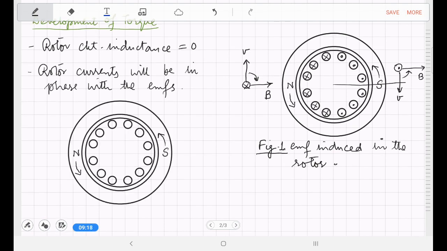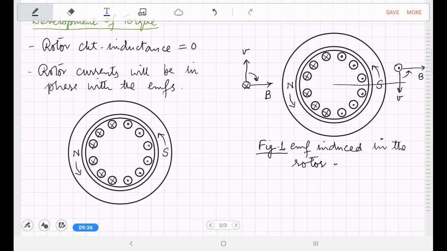So the currents in the rotor conductors under the north pole will be directed inwards, and those under the south pole will be directed outwards.